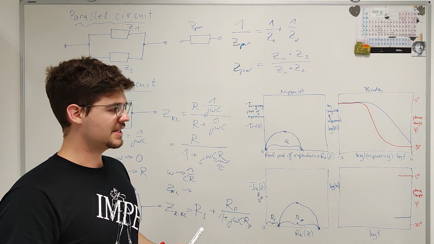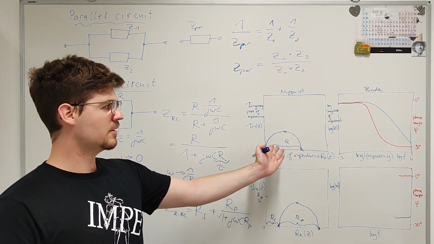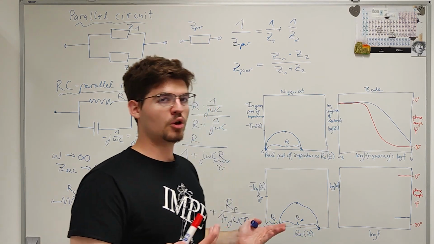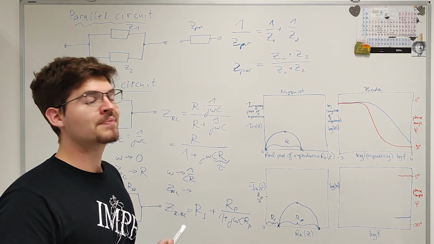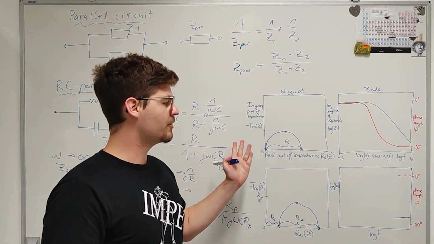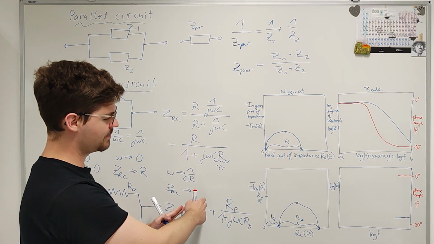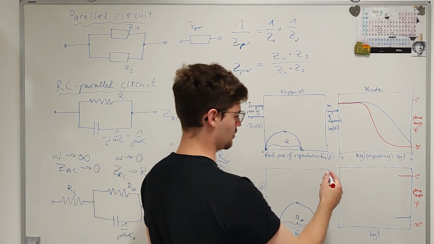For very low frequencies, well, we've just found out that for this circuit here, for very low frequencies, we expect a resistive behavior, and all we've added is another resistor, so we will again expect resistive behavior. So of course, everything that changes is that now for very low frequencies, we have R series plus R parallel, but the phase angle stays at 0.